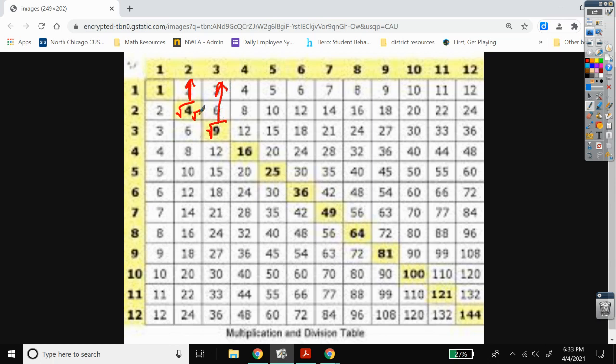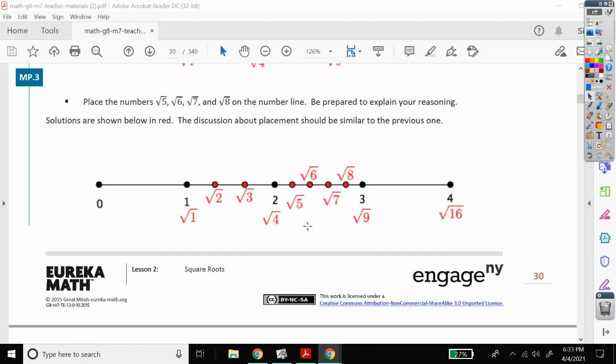So the square root of 5, 6, 7, and 8 are all in between 2 and 3. If we scroll down, we see that. That means the number that multiplies by itself to equal 5 is somewhere between 2 and 3.